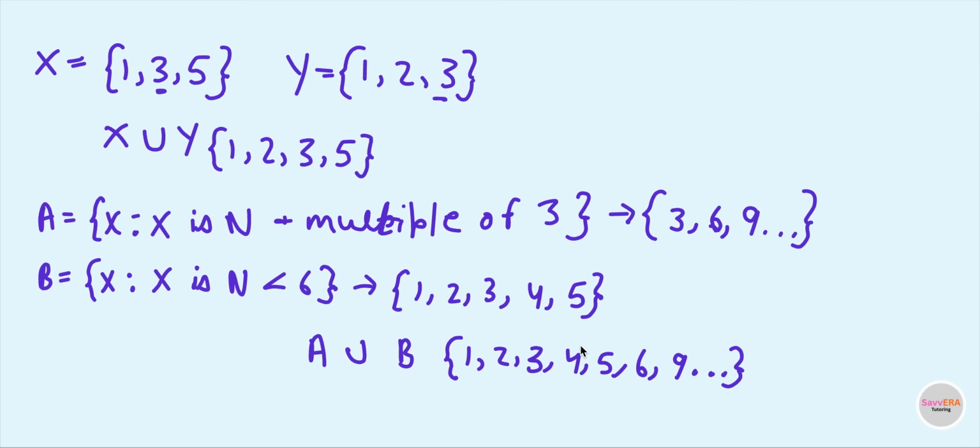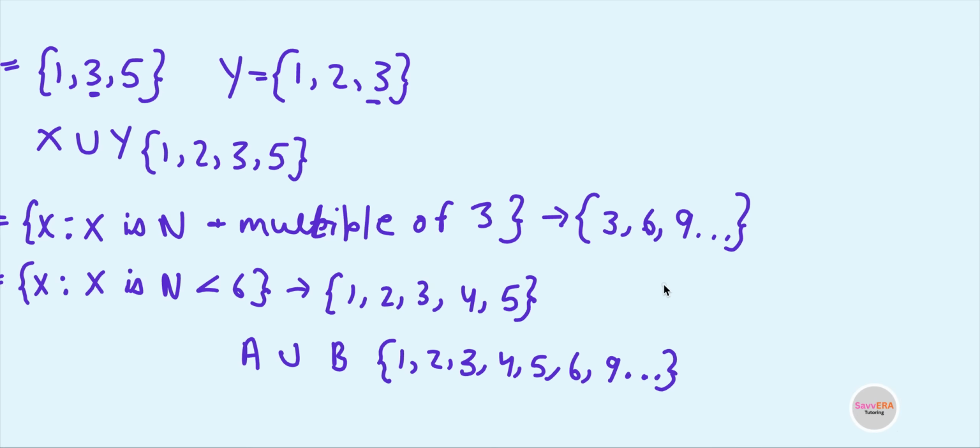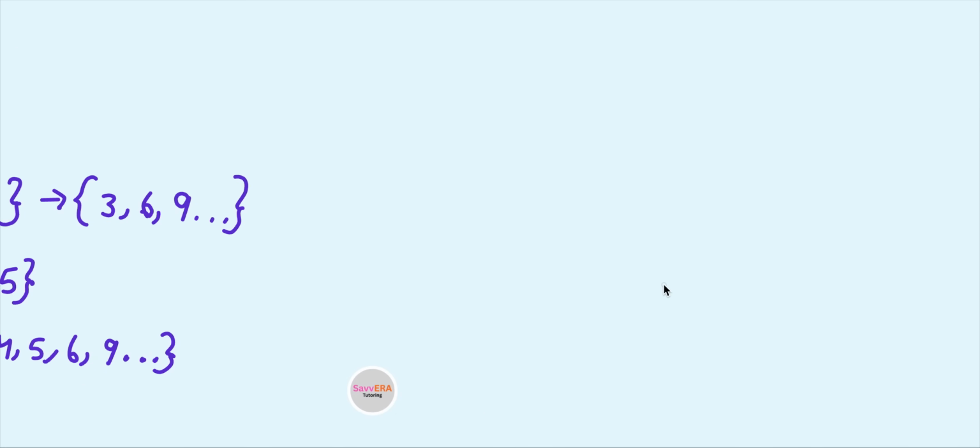Now moving on to the next part, where we are told that there's set A, which has elements 1, 2, 3, and then we have set B, which is the empty set.